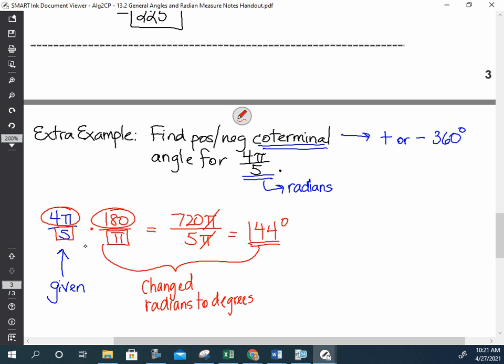So we've got degrees and degrees, so now we can do some adding and subtracting. We take 144 and add 360, which gives us 504 degrees.